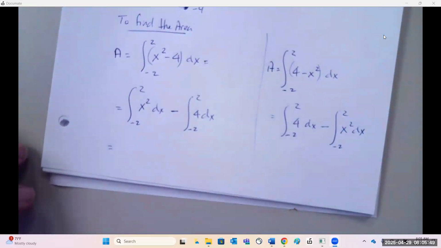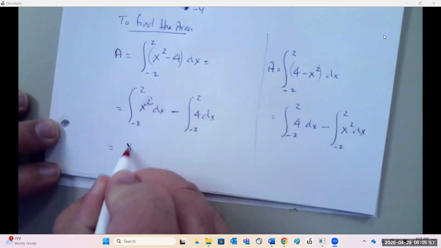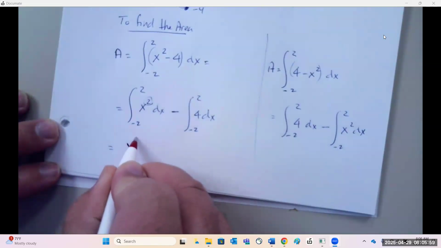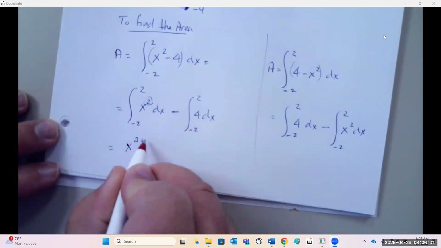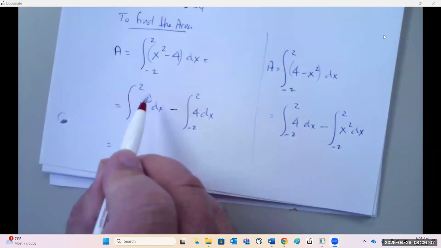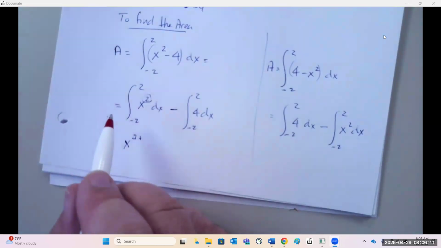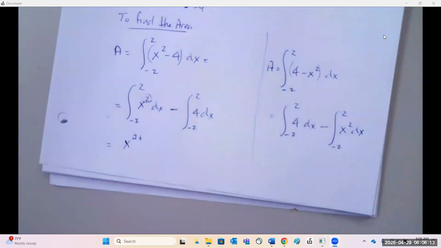So what's the integral of x squared? Whatever the exponent is, which we're going to talk about also in the next section, we have 2 right now. Since the antiderivative is the opposite of the derivative, when we take a derivative of x squared, we bring the 2 down and subtract 1. Now we're doing the opposite.